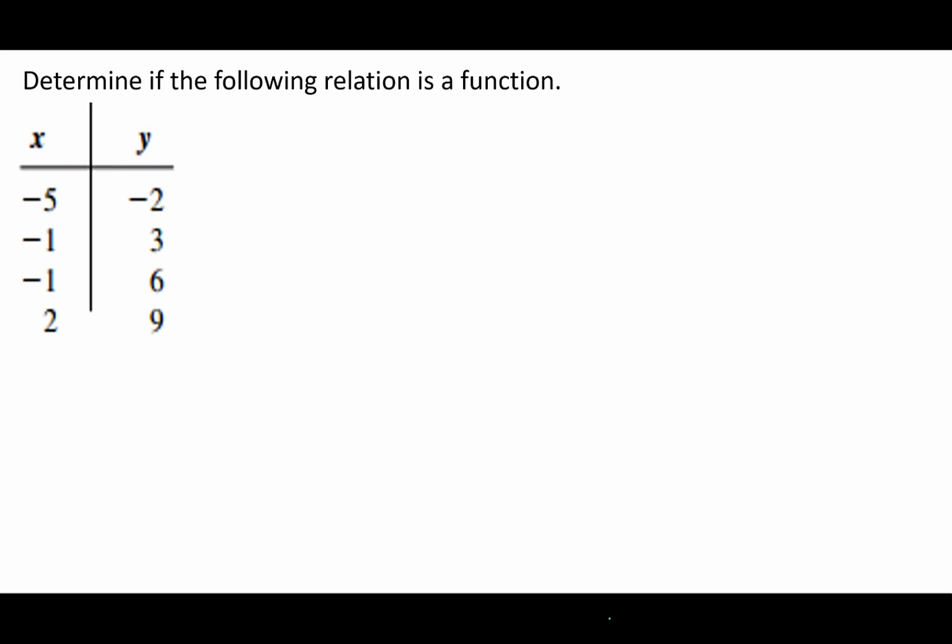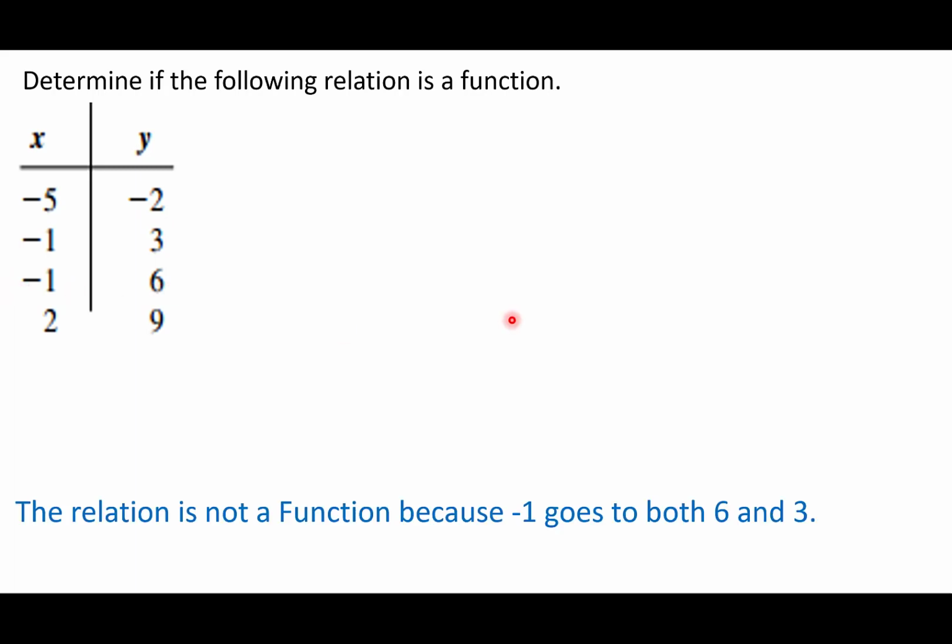All right, we're going to look at this table, and this is another relation. So we're going to determine, is this a function? So looking at my x values, I can already see that I've got -1 and 1 written twice here. Now if I go over into my y values of the table, -1 goes to 3 and -1 goes to 6.